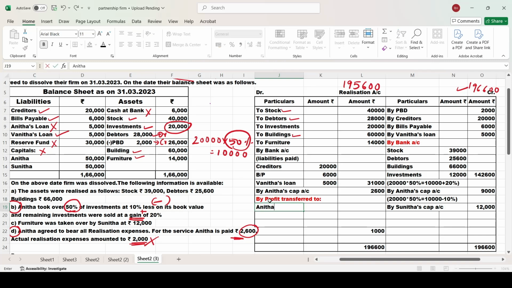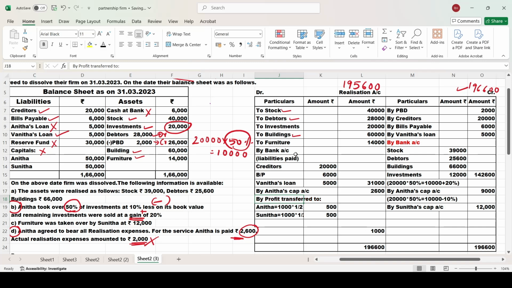Anita. Anita equals 1000 into, they are sharing equally, right? So it is nothing but 1 by 2, which comes to 500 rupees. Sunita equals 1000 into 1 by 2, again which comes to 500 rupees. Okay, fine. We have completed the realization account.